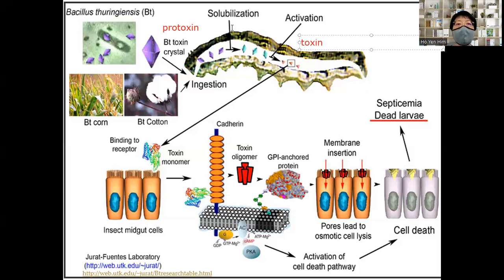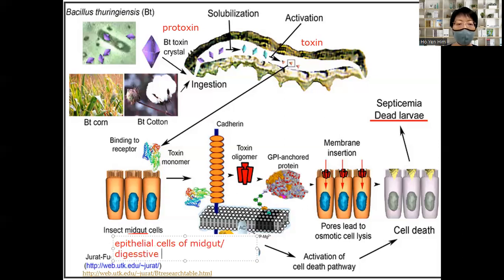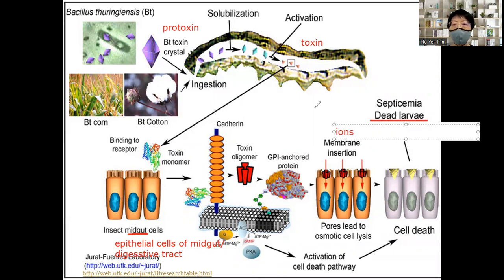So what does it do? It will bind to a receptor on the membrane of the epithelial cell of the midgut, meaning the digestive tract. Once it binds, it forms a pore across the membrane, and this pore allows a lot of ions to pass through into the cell.